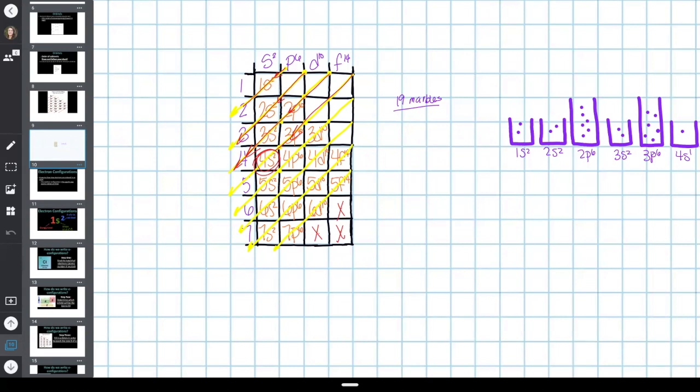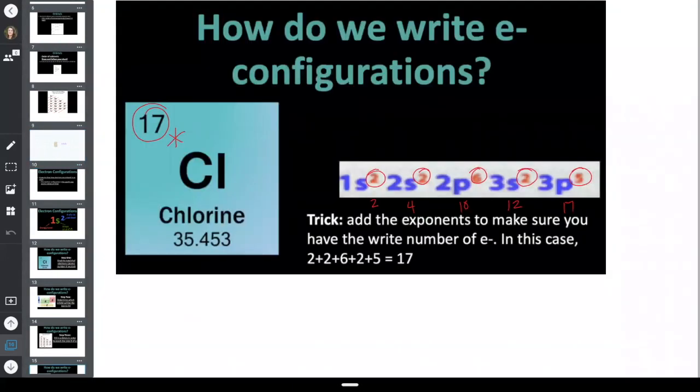It's okay that that cup is not full. I didn't have enough. I can't create electrons where I don't have them. So that's why you change that exponent to say there's only 1 electron in that orbital. Or for instance, with chlorine, there's only 5 electrons in this orbital. It doesn't fill all the way up because I only want to illustrate 17 electrons.